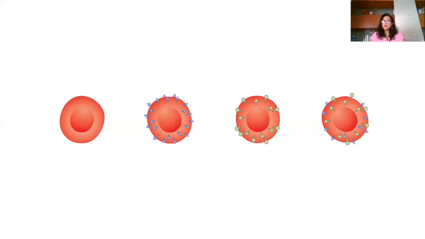Their plasma will be producing antibodies of type anti-B. Similarly, if a person has antigen B present on their RBCs, the plasma will create antibody A. So that is the opposite. Antigen A, antibodies B. Antigen B, antibodies A.